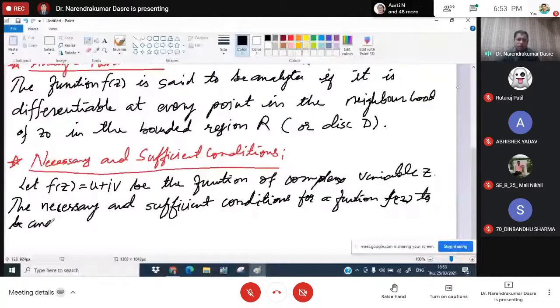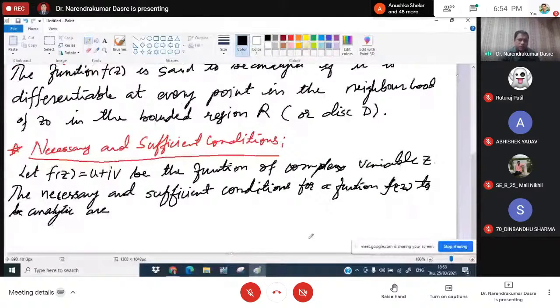Here we need to consider the conditions for a function to be analytic. So there are two conditions basically that we need to understand. What are those two conditions?